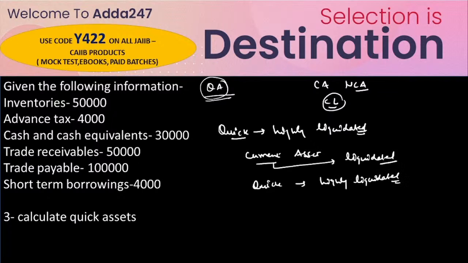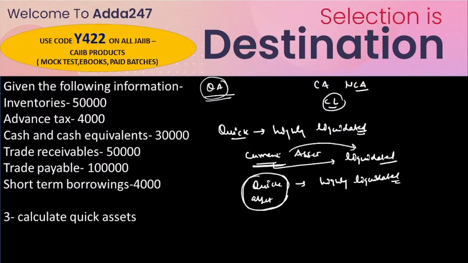If you can convert any current asset into cash without a second step, in only one step, as soon as you can convert a current asset into cash, it is known as a quick asset. A current asset is also a liquid asset, meaning you can convert it into cash within a year.